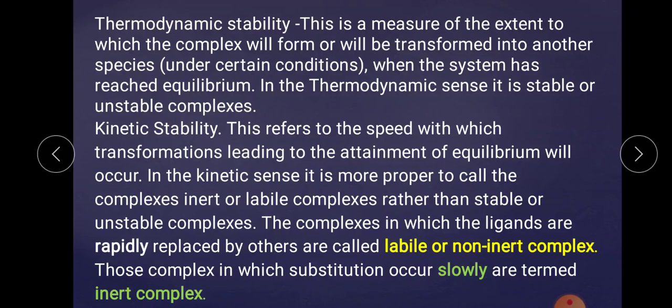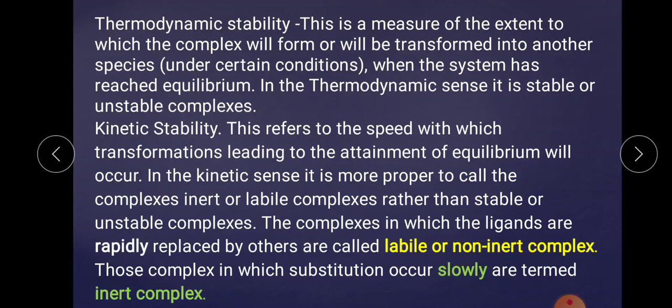Let's move toward kinetic stability, then comparatively we will study both. Kinetic stability is referred to the speed with which the transformation leading to the attainment of equilibrium will occur.